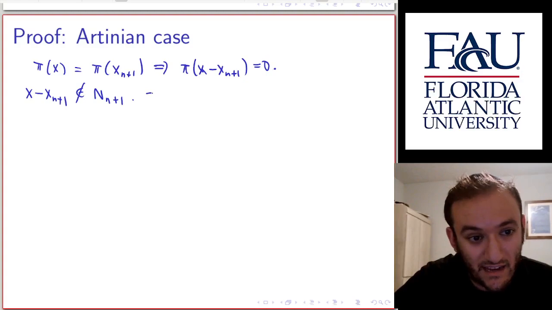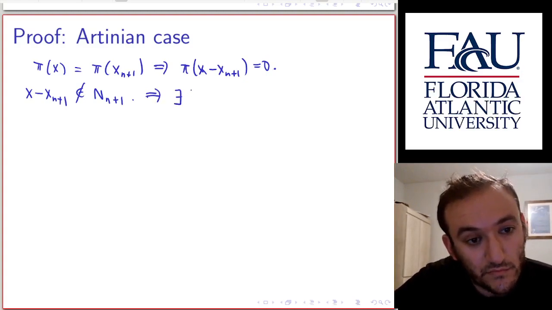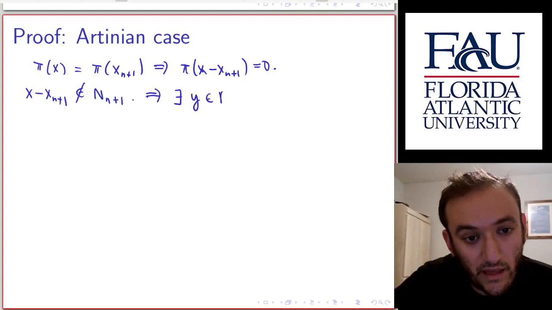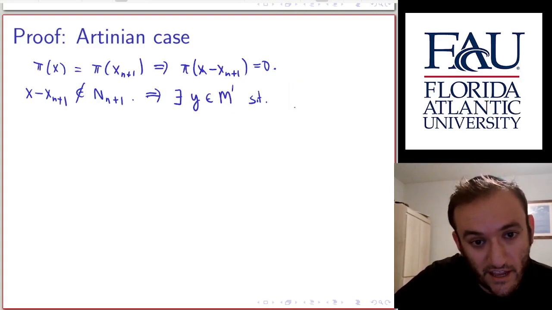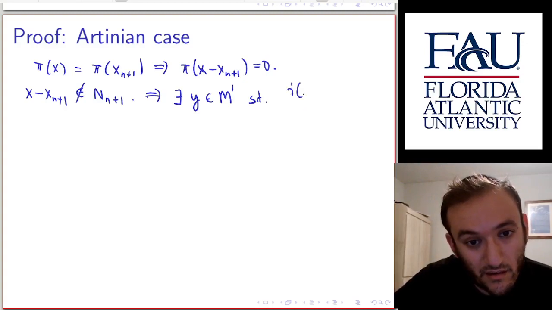So this means that there exists y in M prime such that i of y equals x minus x_{n+1}.